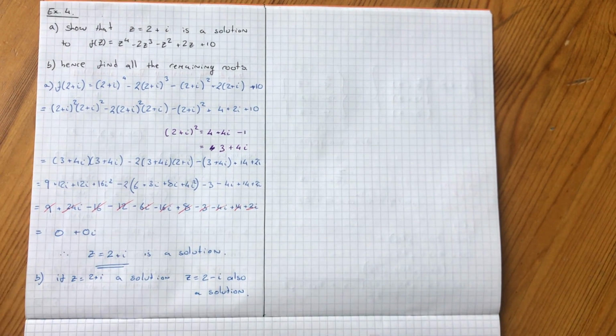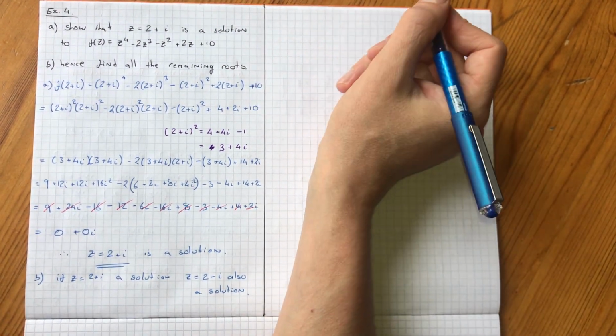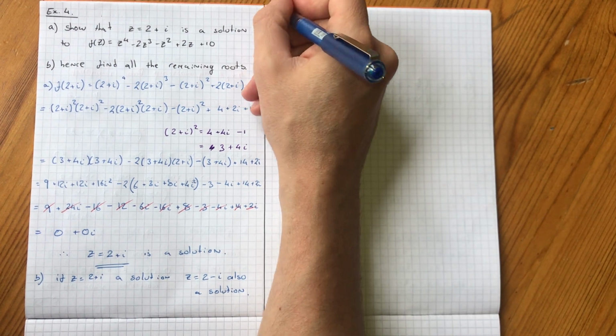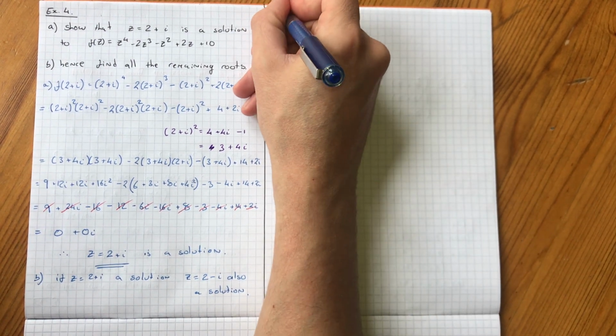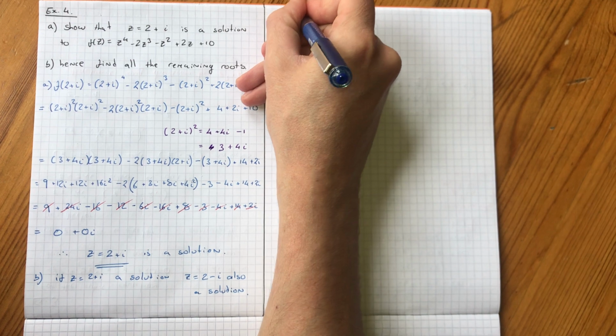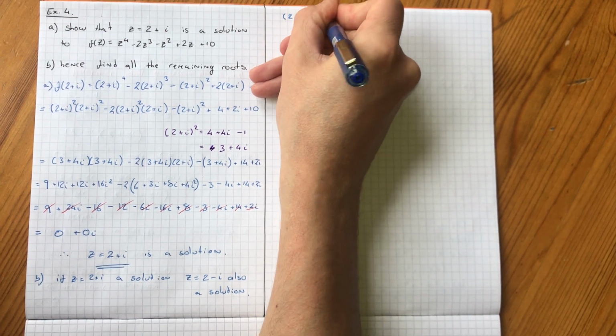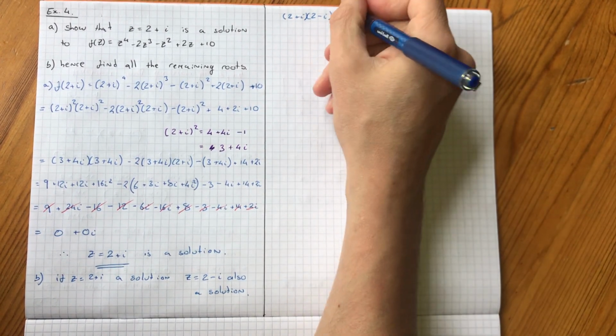Okay, so remember from the previous question, I need to find out what they look like once multiplied together.